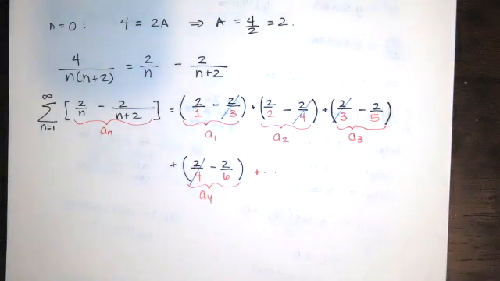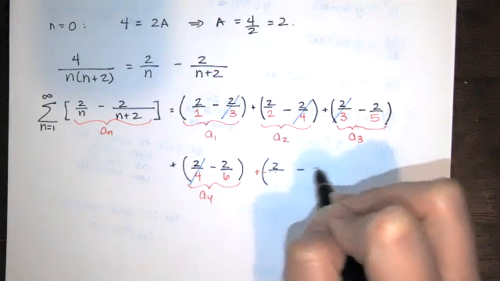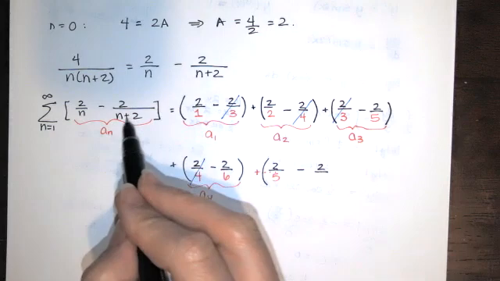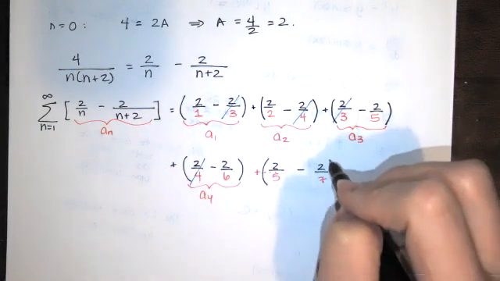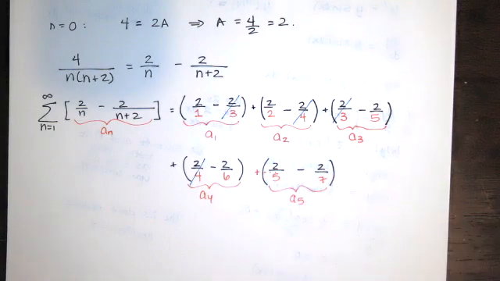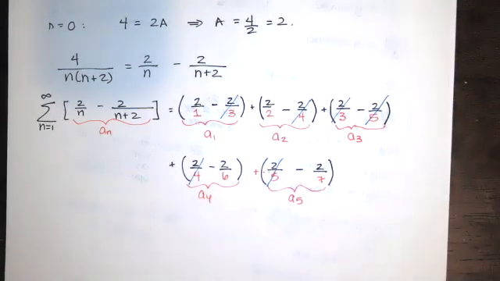And if we continue, let's do one more term for n equals 5. We'd have a 5 in this denominator because that's our n, and then this denominator is 5 plus 2, so 7. If we continue in this way, notice what happens. I have the negative 2/5 and the positive 2/5, and those undo each other. They cancel each other out.